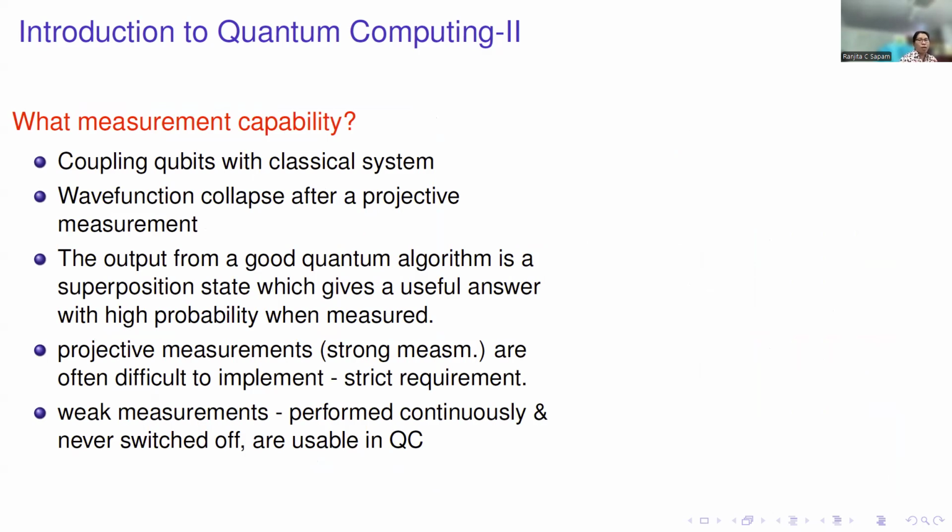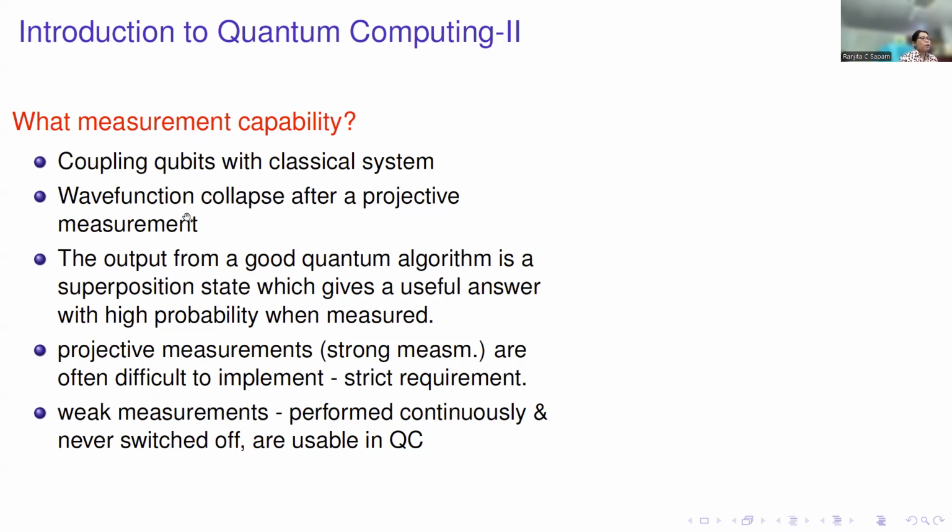We don't have any quantum channel to read out quantum information. So we are going to exploit a classical channel to interact with the quantum system as much as possible. The interaction has to be very large. To improve the efficiency, we should have larger interactions.